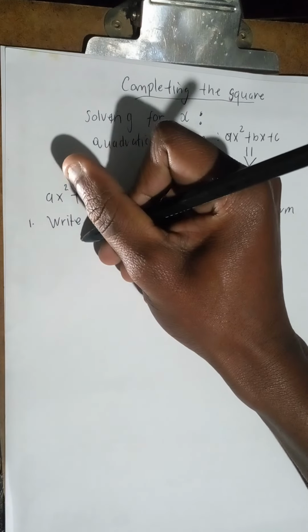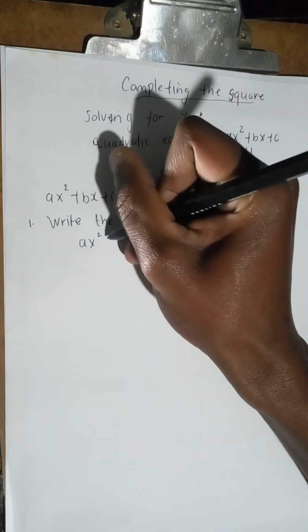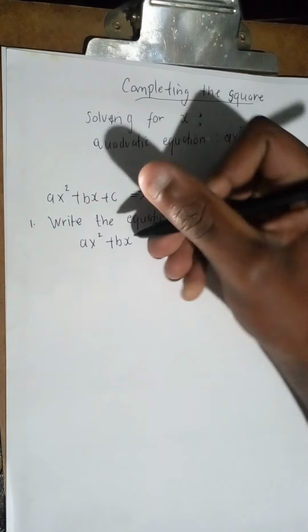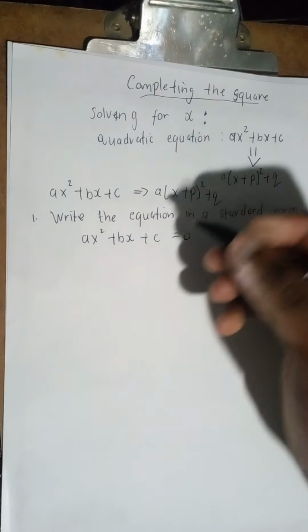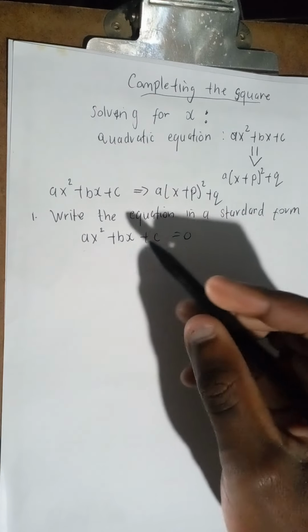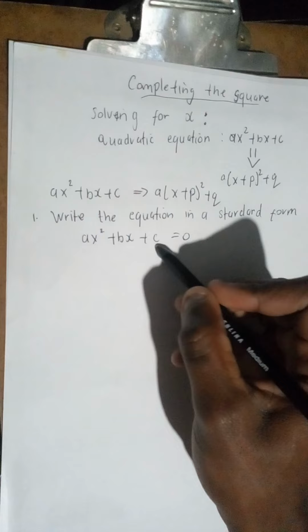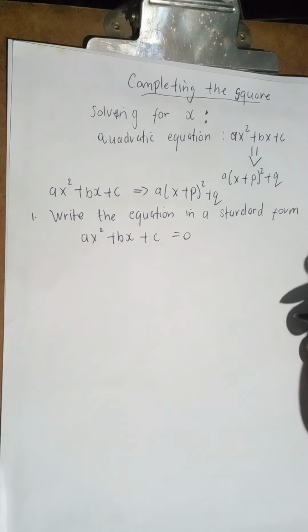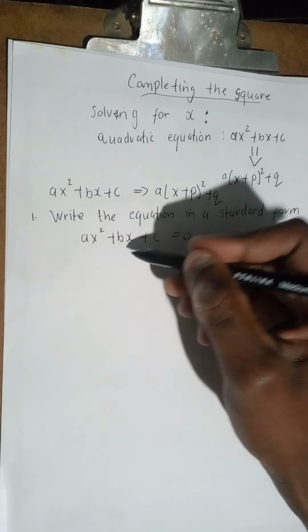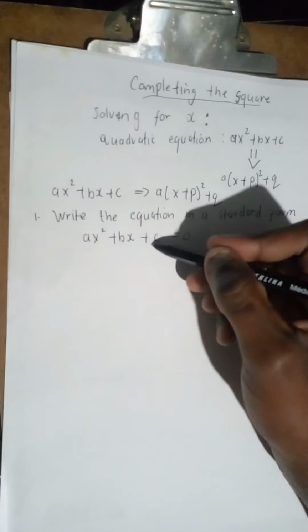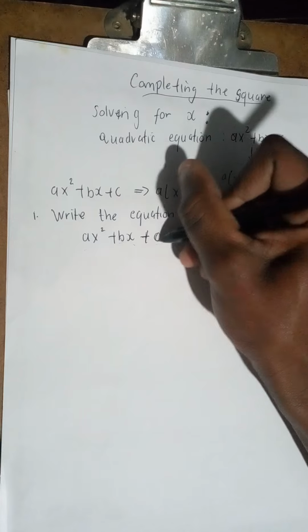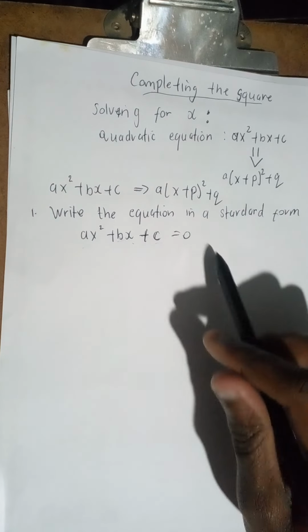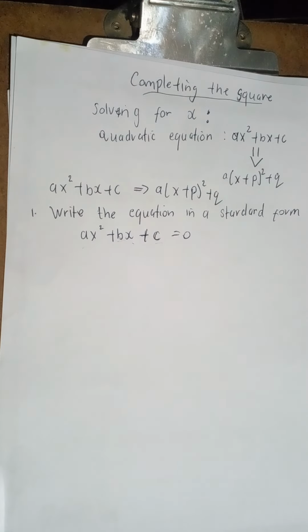The standard form is ax squared plus bx plus c, whereby a, b and c are coefficients: a is the coefficient of x squared, b is the coefficient of x, and c is just a constant standing on its own. So the first step is to write down your equation in standard form, the form that we just wrote.